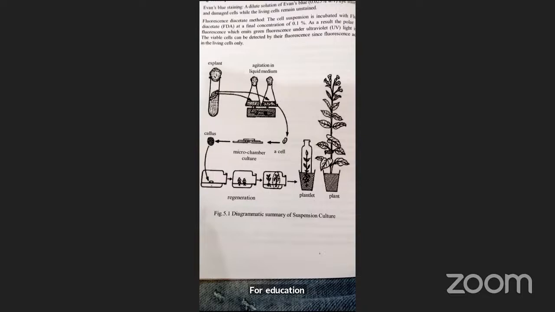In the liquid medium, it is easy to select a single cell. Now this cell is transferred into a micro chamber culture, where the cell divides and produces a mass of cells.